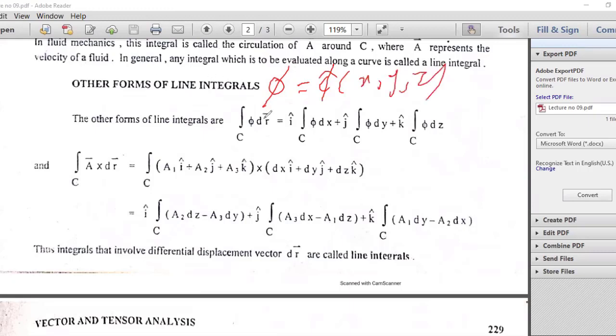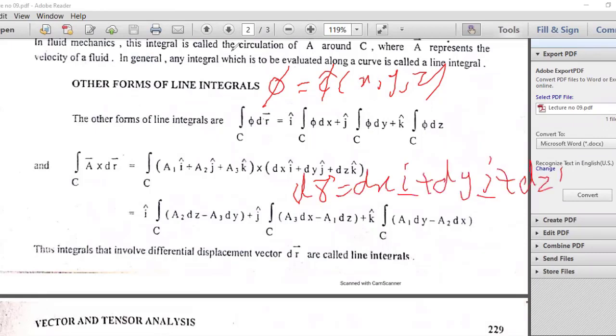And dr, as you already studied above, is a displacement vector, whose value is dr equal to dx i plus dy j plus dz k. Applying this, we obtain i integral of phi dx plus j integral of phi dy plus k integral of phi dz.